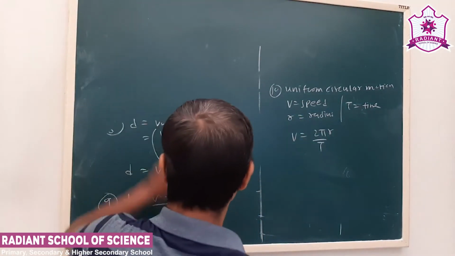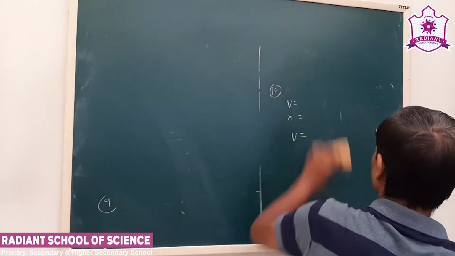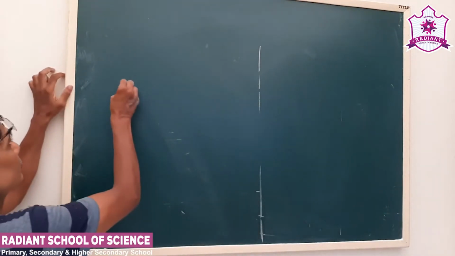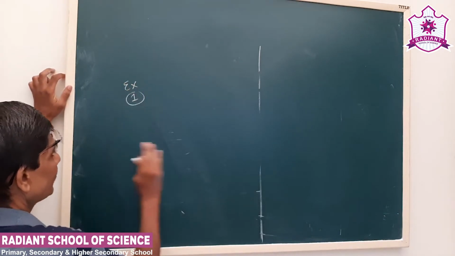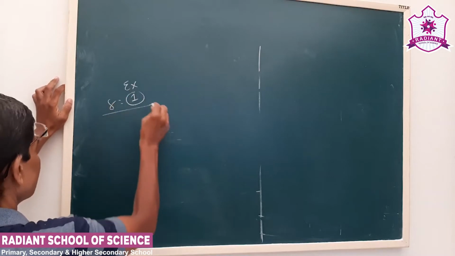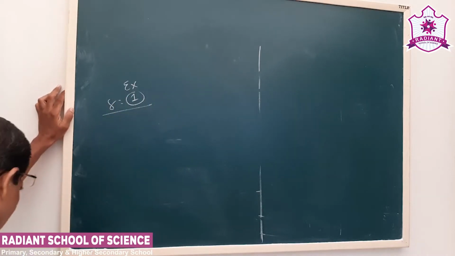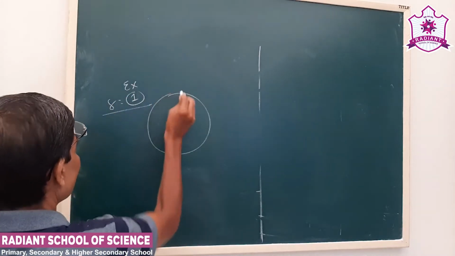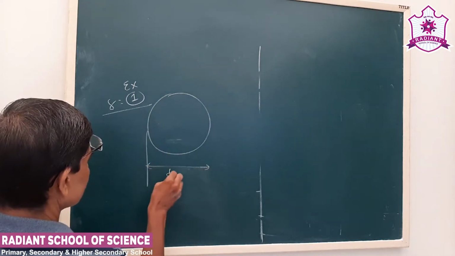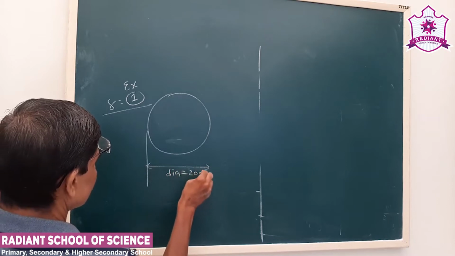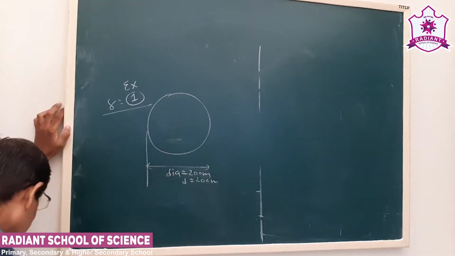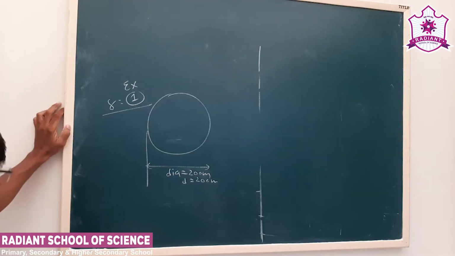Now exercise number 1, or we can say 8.1. An athlete completes one round of a circular track of diameter 200 meters in 40 seconds.